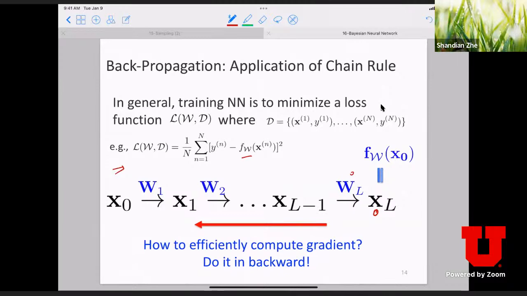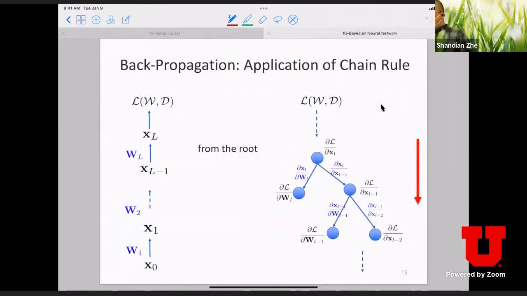And then you go back to the gradient with respect to the neurons in the second last layer, and then the edge matrix in the second last layer. You continue to do so until you reach the input layer. That's the idea. Backpropagation itself is essentially an application of the chain rule. So it's a very smart leverage of the chain rule to avoid unnecessary duplication in calculating a gradient.